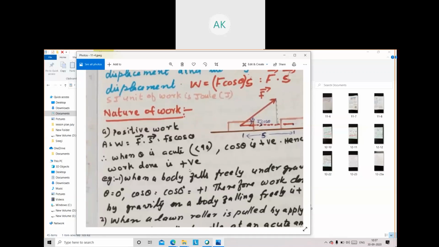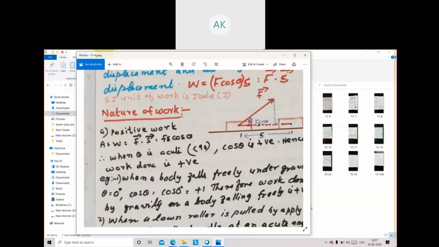Can you tell another example? When we exert a force to throw a body upwards, I will ask a question. I am exerting a force to throw a body upwards. What is the work done by me? I am applying a force to throw the body upwards, and the body is moving upwards.